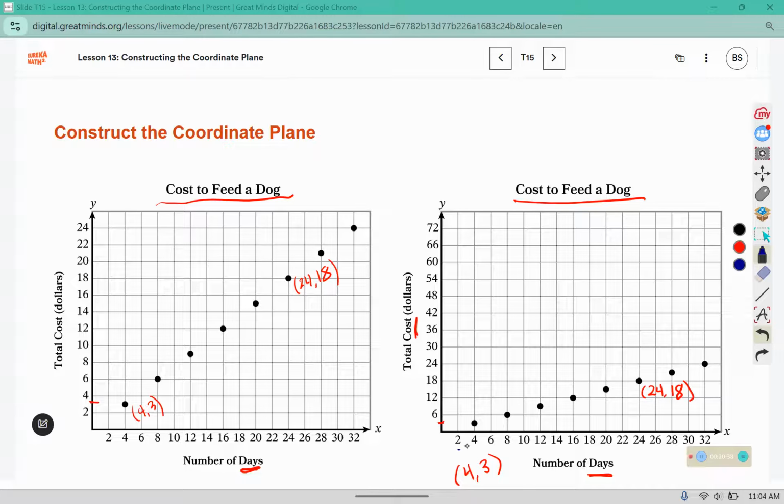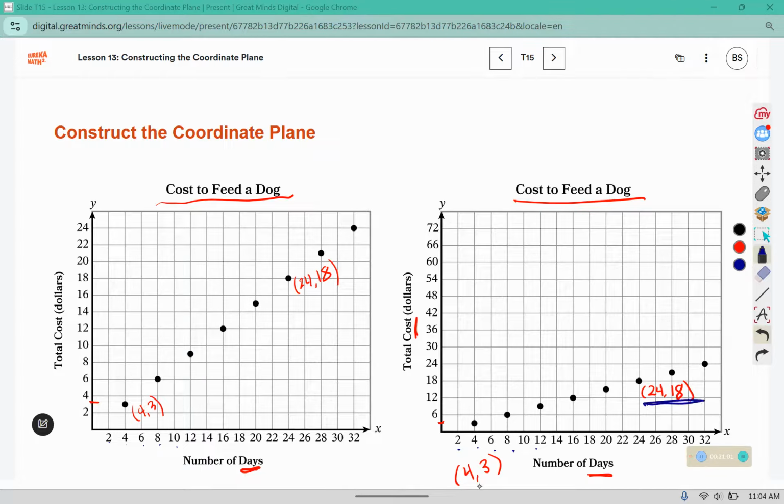I see on the bottom it's counting by twos, and on the bottom here it counts by twos as well. But in the cost, you can see it's counting by twos for this graph, but sixes for this graph. So the way that we build our graph can alter the way that it appears to us, even though it has the same information on it.